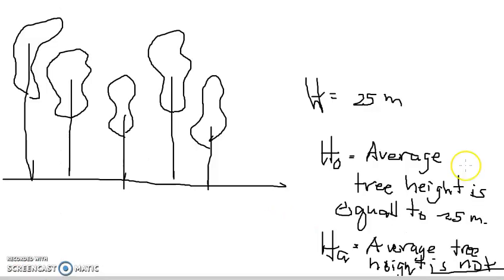Now let's take a look at this example. Let's say this is a forest area, a forest stand where there are a number of trees. The first step in hypothesis testing is to state the null and alternative hypothesis.